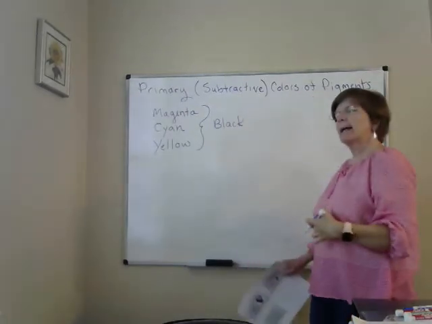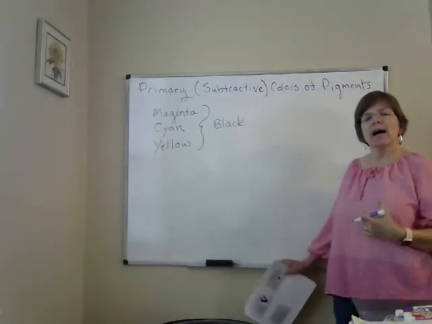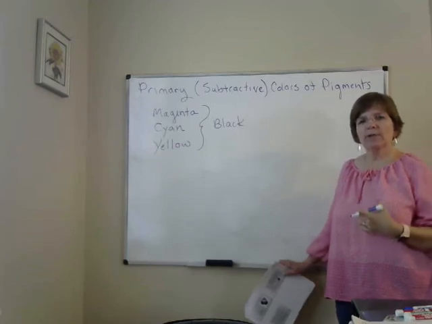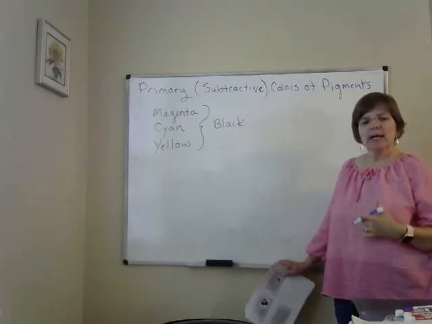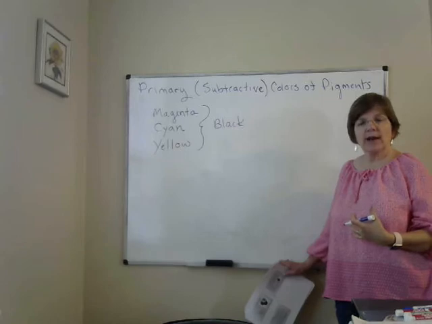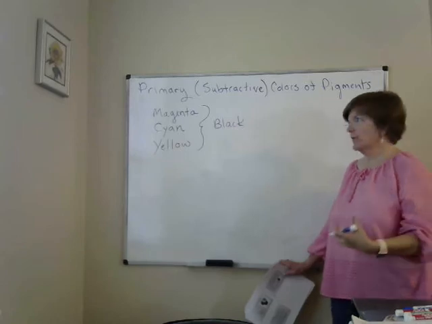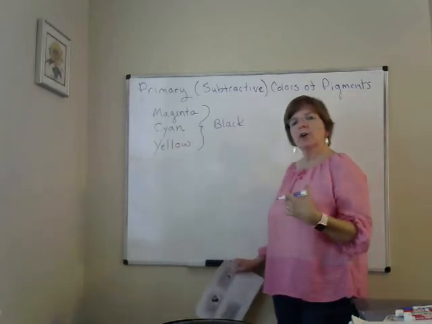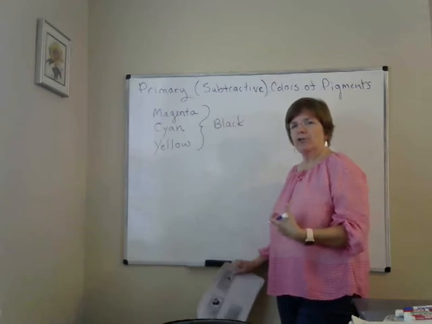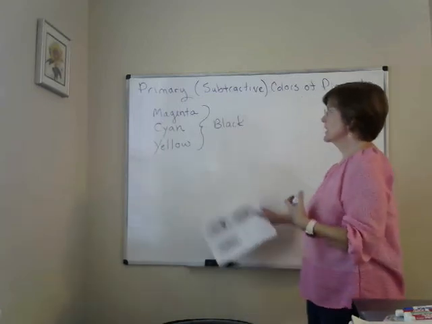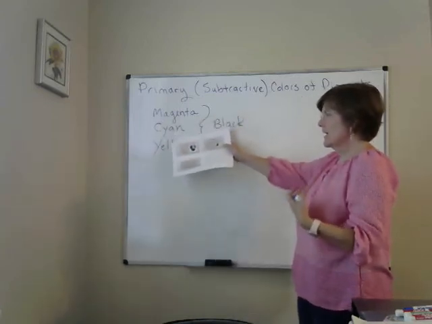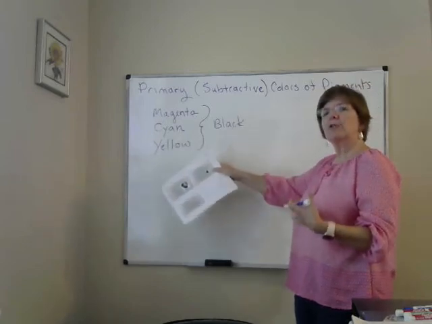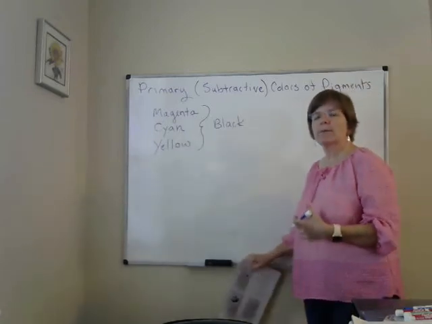But I can make any color of dye or paint that I want using those colors. If you look at a color photograph, it's made up with a mixture of those three colors. If you go and buy a color ink cartridge, that color ink cartridge is going to contain magenta, cyan, and yellow. And your printer can use those colors to make all of them.